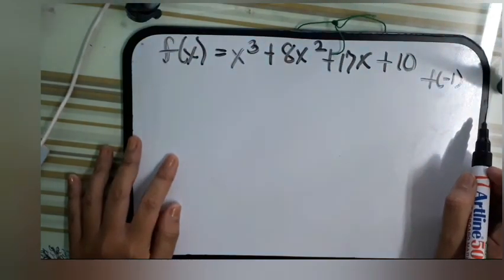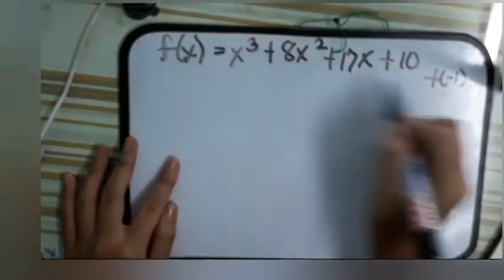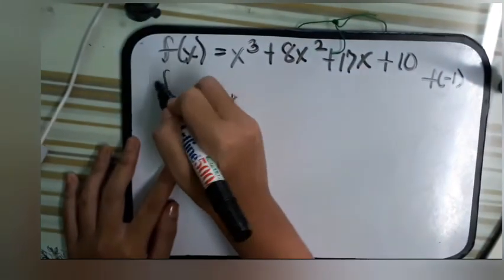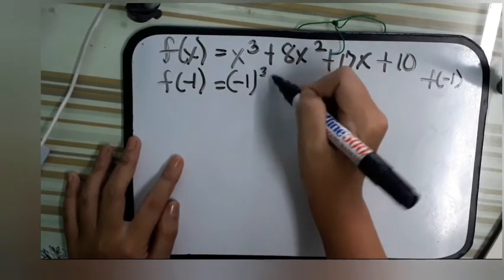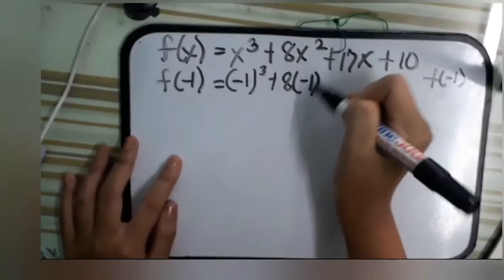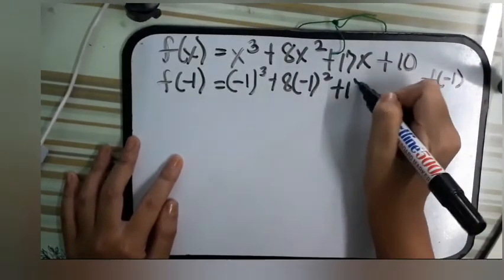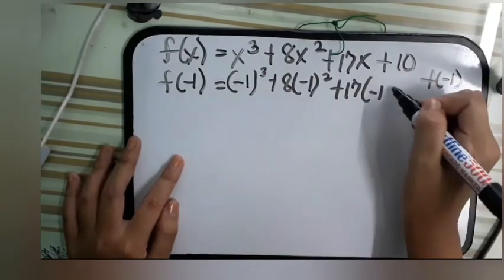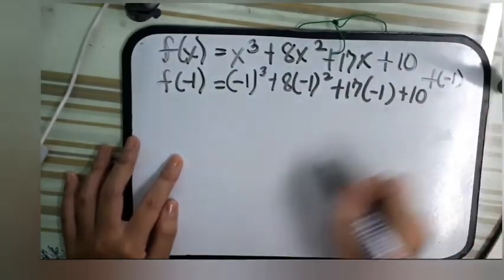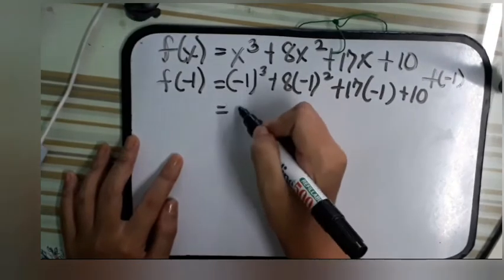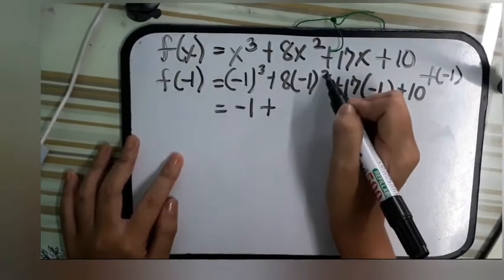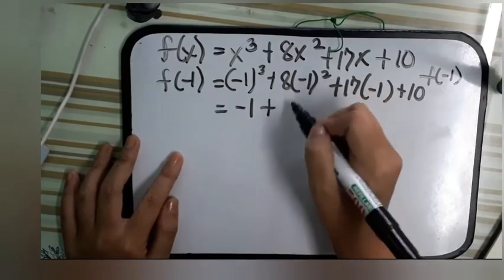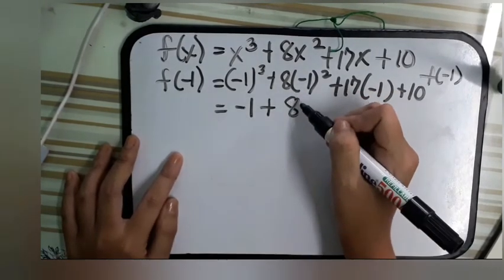Now, we use the factor theorem, so we substitute this one here. f of negative 1 is equal to negative 1 raised to 3 plus 8 times negative 1 raised to 2 plus 17 times negative 1 plus 10. Negative 1 raised to 3 is equal to negative 1. Plus negative 1 raised to 2 is equal to 1 times 8, which is 8.